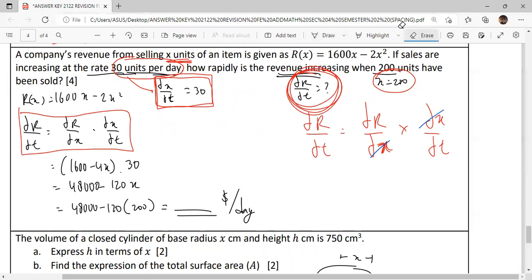But in this case, I don't want to put the cross because it is the formula. Dr over dx berapa? Ya ini kan, 1,600 minus 4x. Times by the dx over dt that is given on question, malah udah dikasih 30. So 1,600 minus 4x times 30.